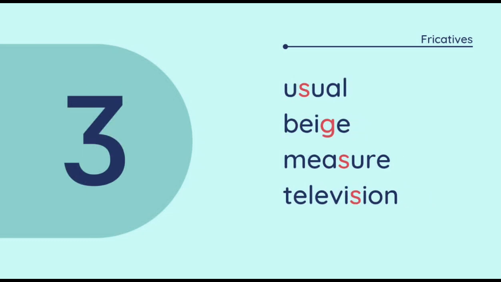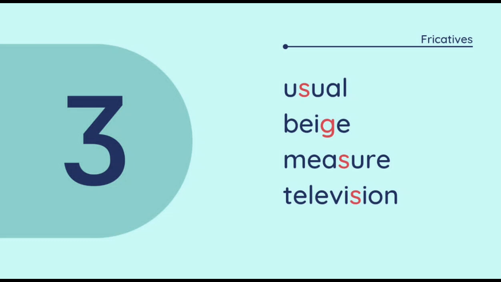Another sound like it is the one we are seeing on the screen presently. It is pronounced as zh. It usually sounds like a vibrating Z, but it is not a Z. It is pronounced as zh.